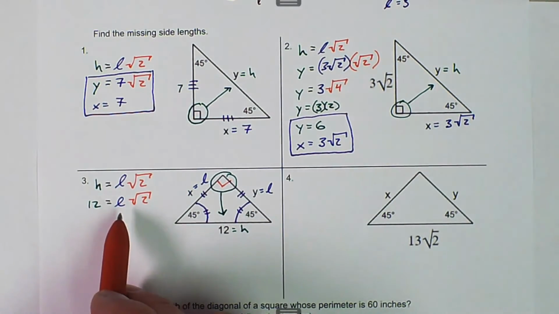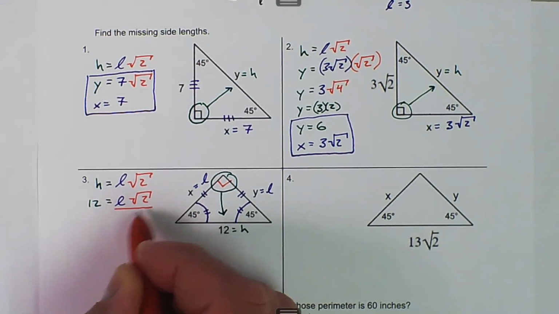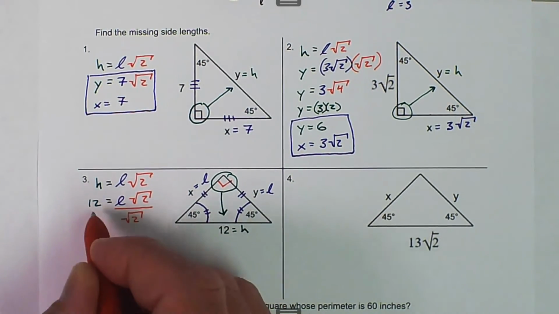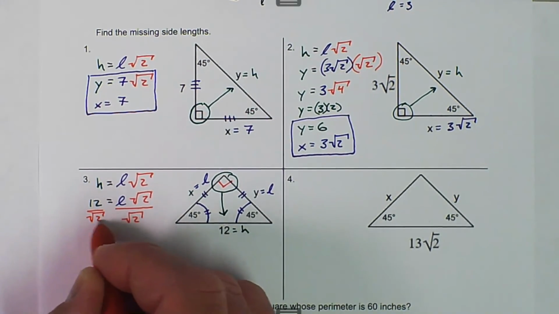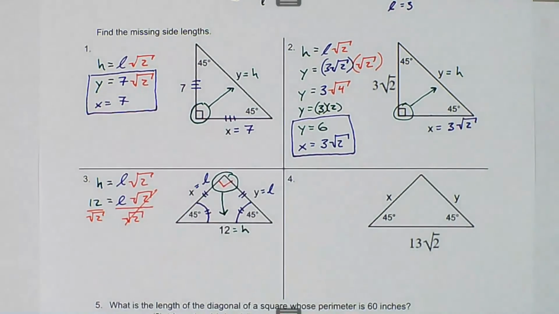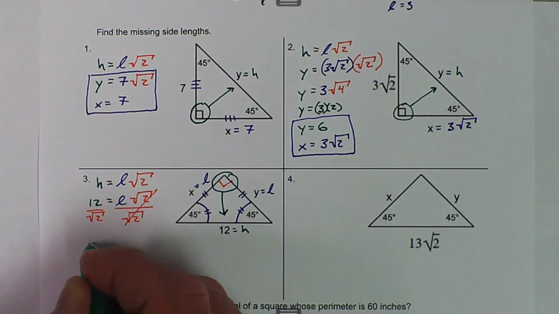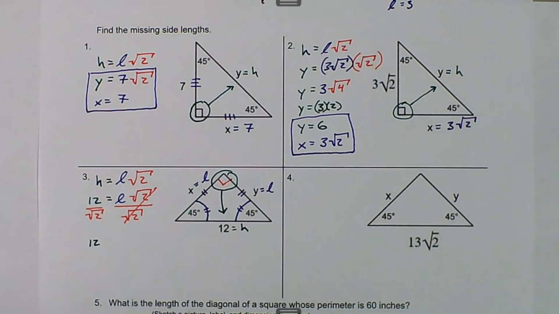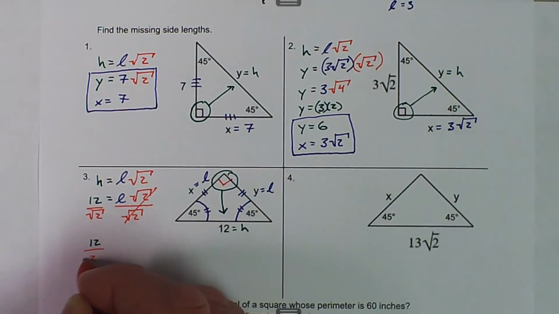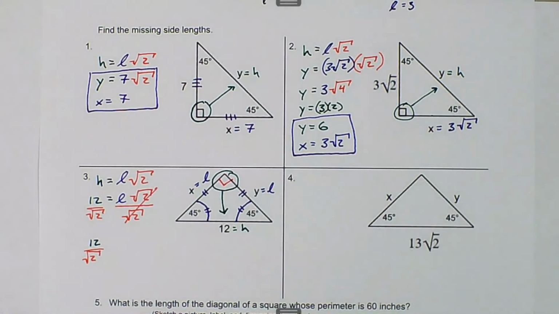Now we want to get L by itself, and it's L multiplied by the square root of 2. So what we can do is divide both sides of the equation by the square root of 2. So we get 12 over the square root of 2 is equal to L.